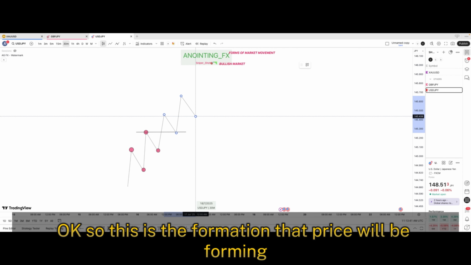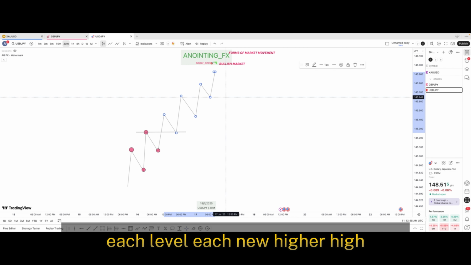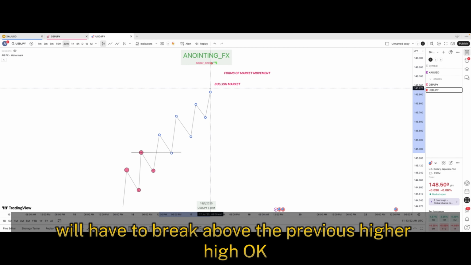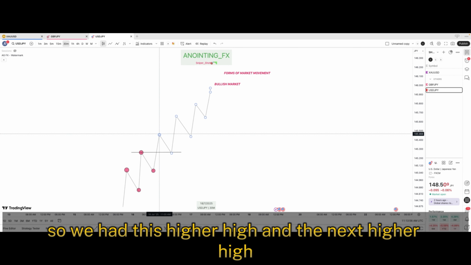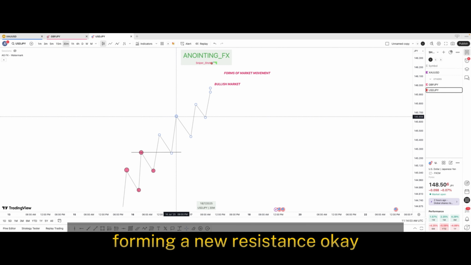This is the formation that price will be forming as it keeps going to the upside. Each new higher high will have to break above the previous higher high. So we have this higher high, and at the next higher high, price will have to break above this one, forming a new resistance.